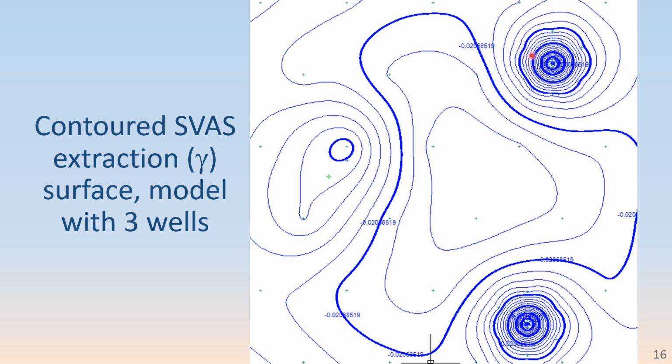It's a little bit lumpy, but it's awfully good. And this well over here, we didn't use the well basis points. That's very poorly represented in terms of the extraction around that pumping well, whereas it's quite decently represented around these other two, which made use of the well basis points.